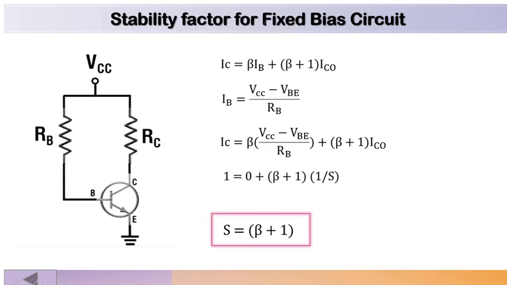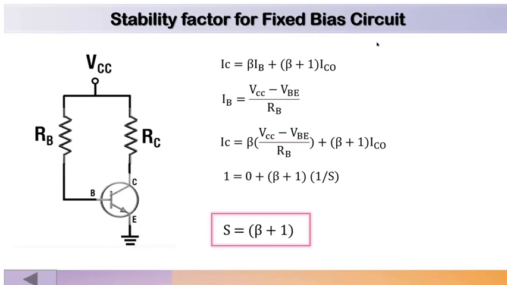So in the case of a fixed bias circuit, if the transistor is replaced, the stability factor changes and the Q point also shifts. Because of that, we say that the fixed bias circuit is the least stable circuit.